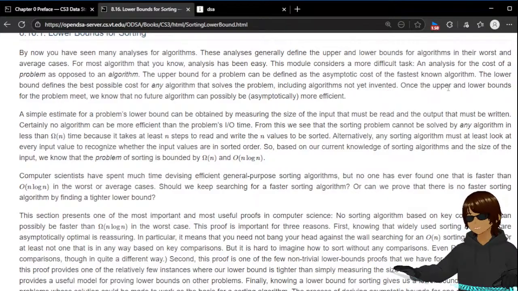Once the upper and lower bounds for the problem meet, we know that no future algorithm can possibly be more efficient. A simple estimate for a problem's lower bound can be obtained by measuring the size of the input that must be read and the output that must be written.